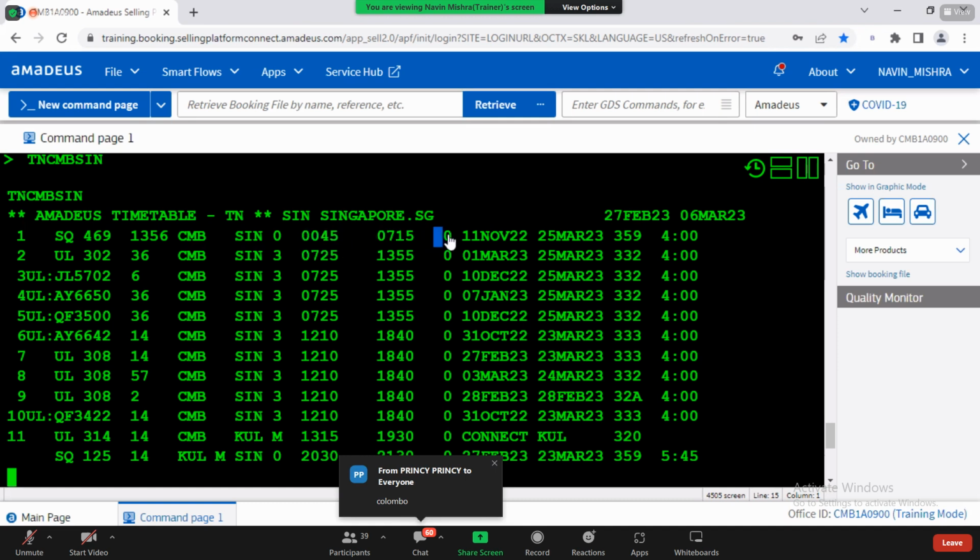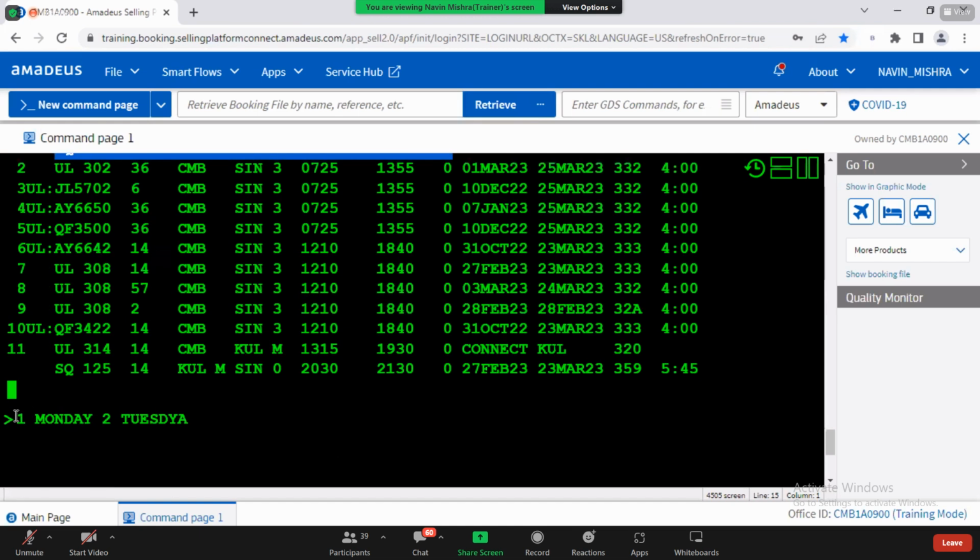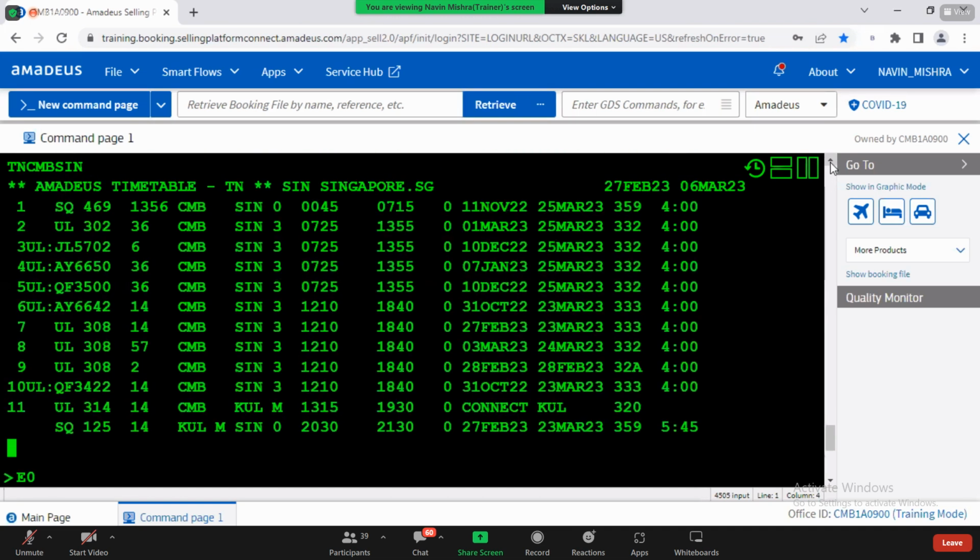Beside that, do you see this 0? 0 means the type of flight. Whenever you see a flight with 0, or sometimes E0, it means it's a non-stop flight. 0 always means that it's a non-stop flight.